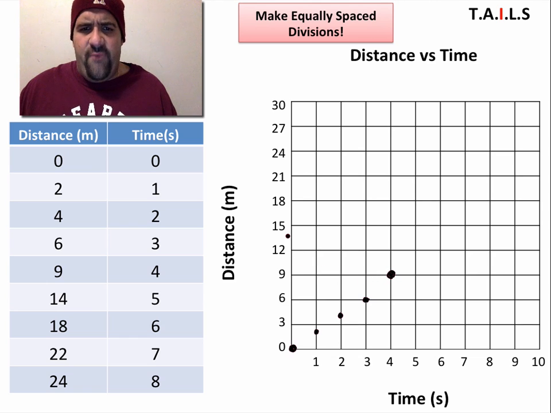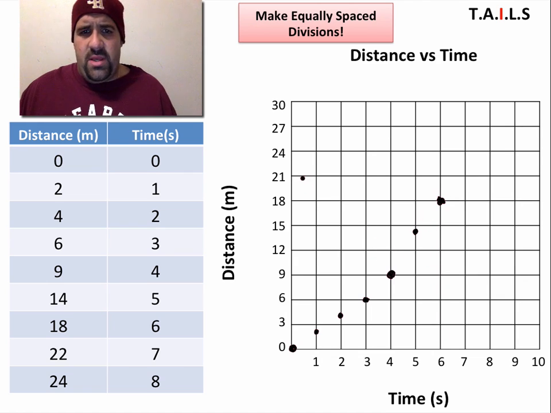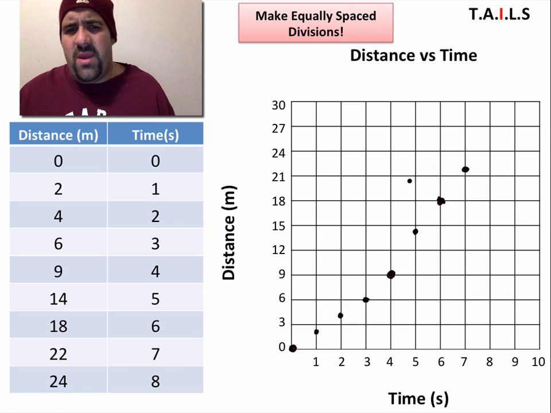The next point is 14, which is pretty close to the 15 value, and 5. And of course 18 and 6 right there. 6 is right here on this line, 18 is on the line. 22 and 7, 22 is going to be closer to the 21. We're going to go right there. And finally 24 and 8.